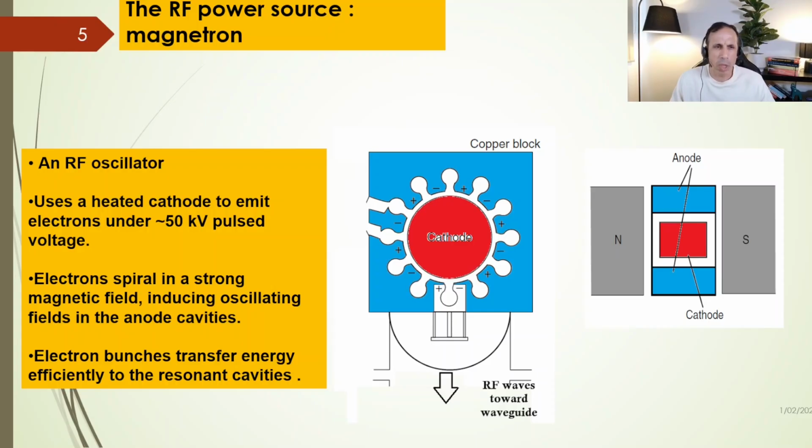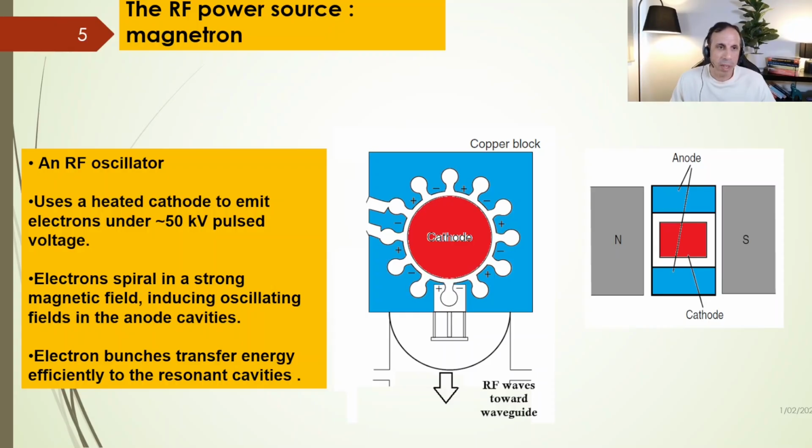If you look at the figure in the middle of the slide, it is a cross-sectional view. We have a copper block which has some very symmetric cavities inside, and we have the cathode, which is the source of electrons.